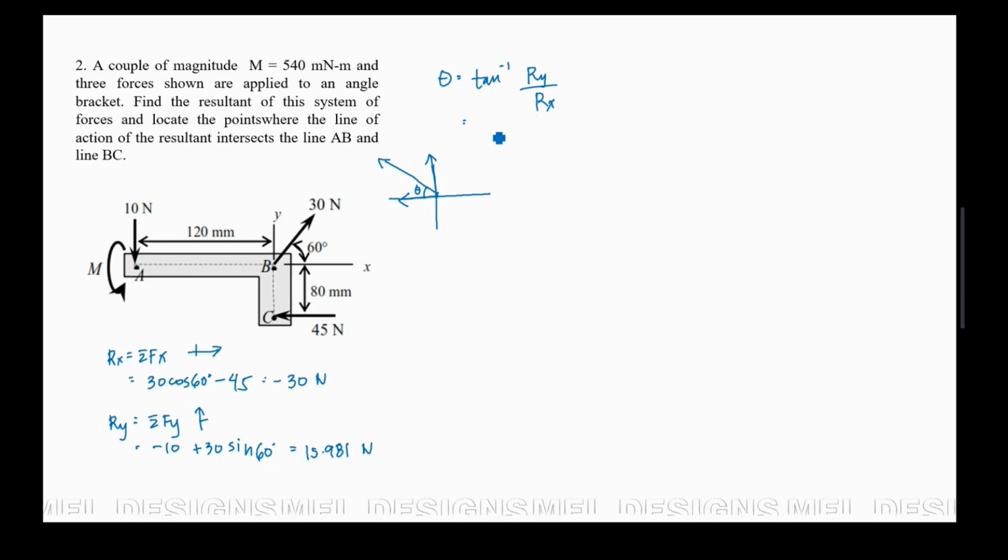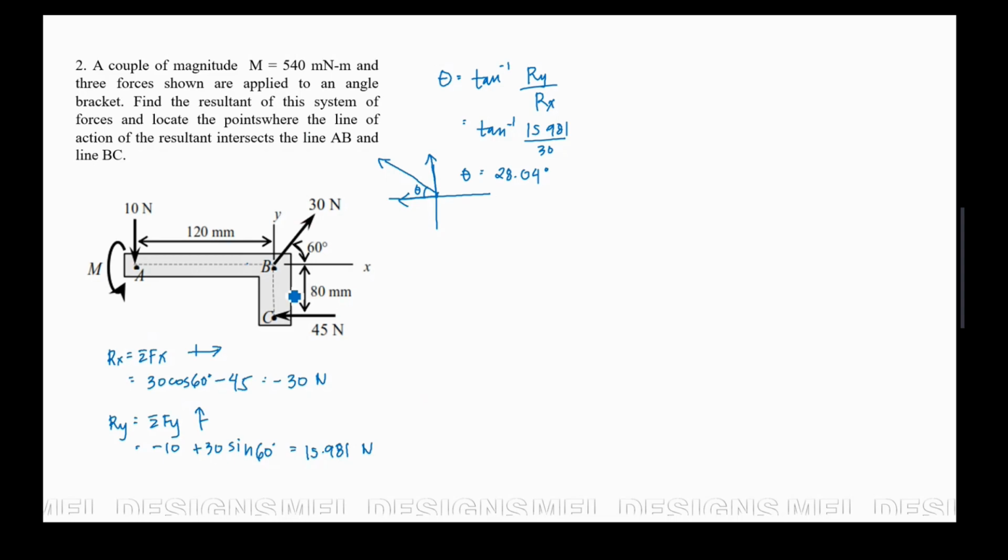So our theta is the inverse tangent of Ry over Rx, 15.981 divided by 30. Therefore, we have 28.04. Our theta is equal to 28.04 degrees.